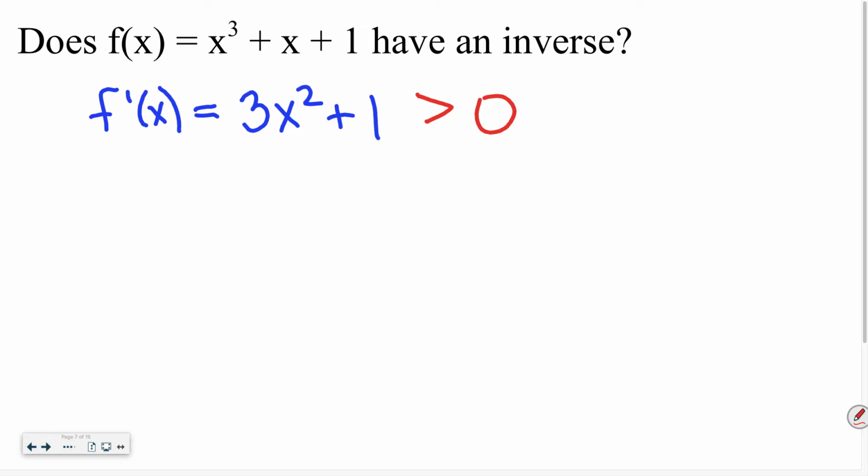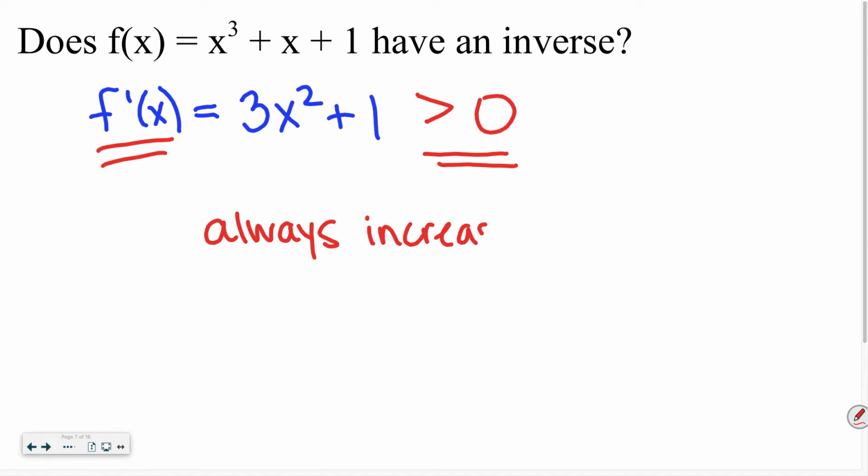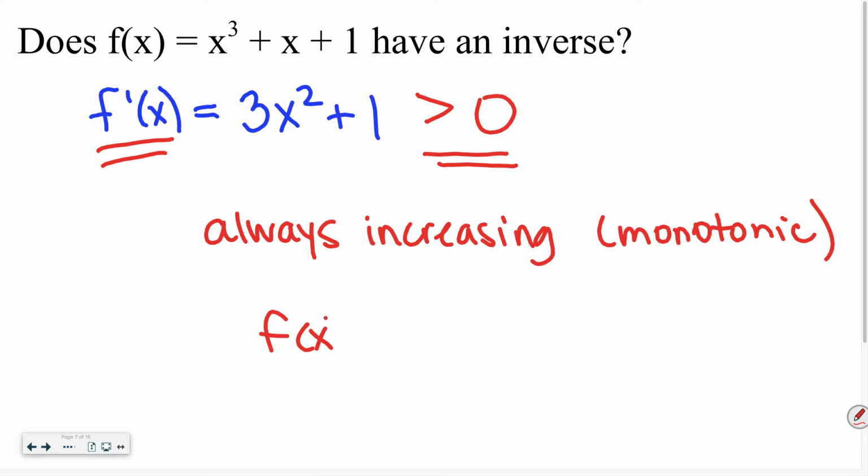No matter what we plug into x squared, it's going to be what kind of a number? Positive times a positive number plus a positive number. That's always going to be positive, all right? So since our derivative is always positive, this is always increasing, which means monotonic, right? So f of x has an inverse.